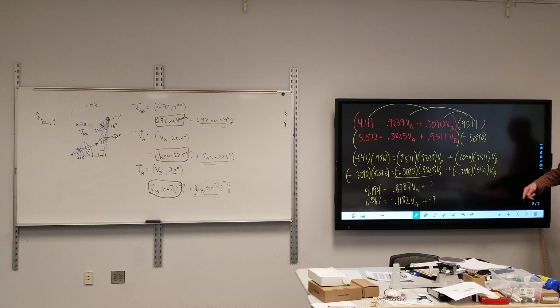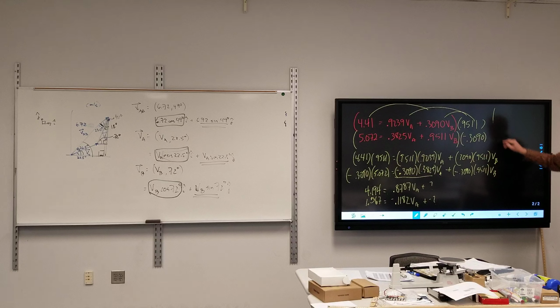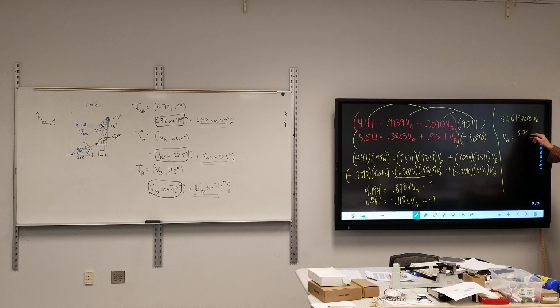So now when I add them together on the left-hand side, I have, let's see, 1 carry the 1, 6 carry the 1, 7. So I get 5.761 is equal to, I subtract, I get 0.5067 VA. So VA would have to be 5.761 divided by 0.7605.